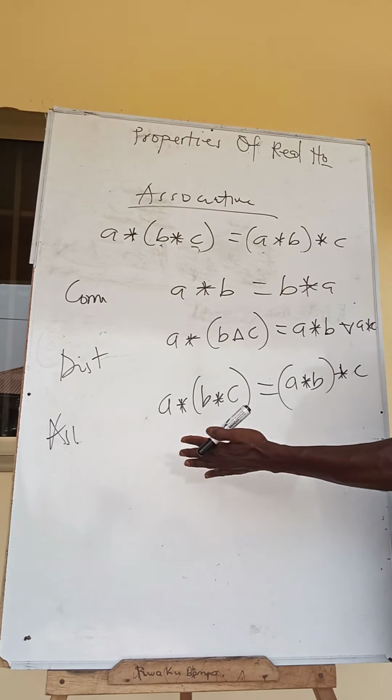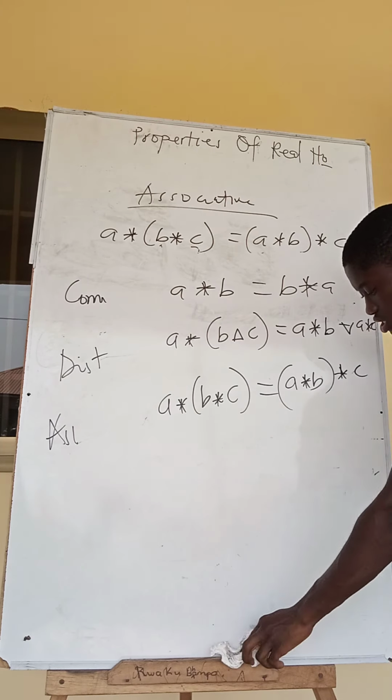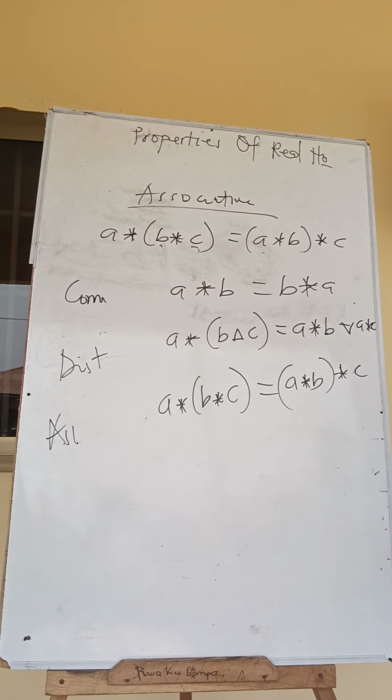So we are going to use these properties to do some binary operation. We are done with the binary operation, of course. We'll just take a full question, then we will determine whether it is associative, commutative, or distributive. So until we meet again, let's call it a day.